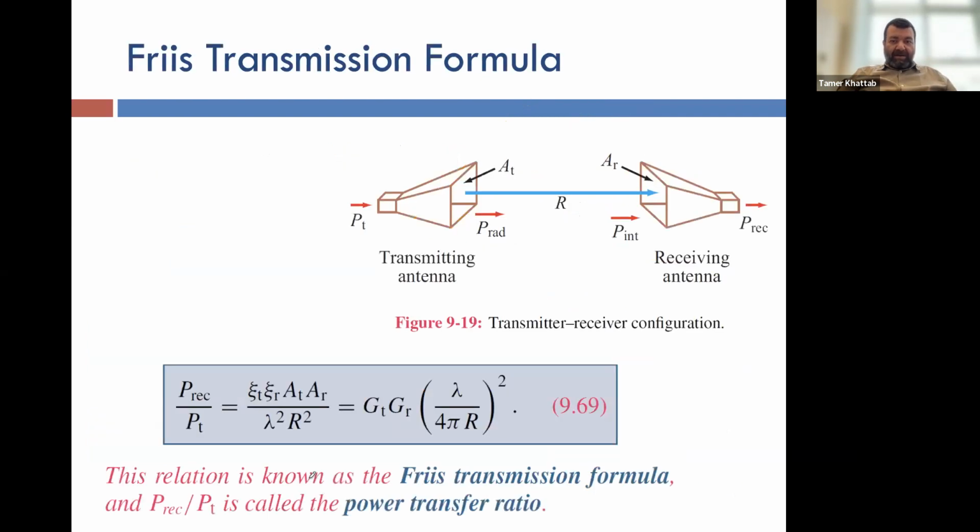Now, using that effective area expression and trying to do an analysis to figure out a relation between the power input to a transmit antenna and the power received at the output of a receiving antenna, we end up in free space propagation, in areas where you do not have any reflectors.